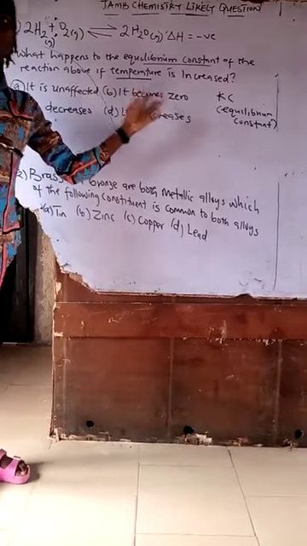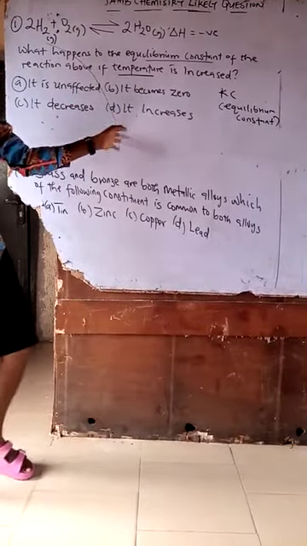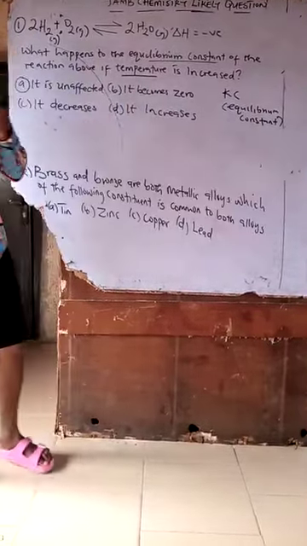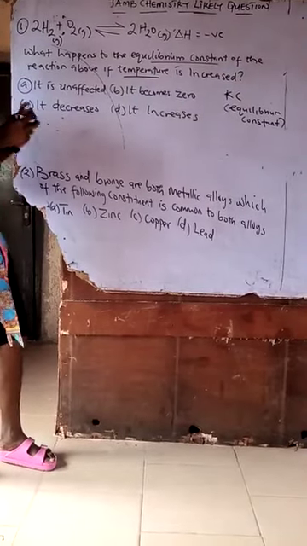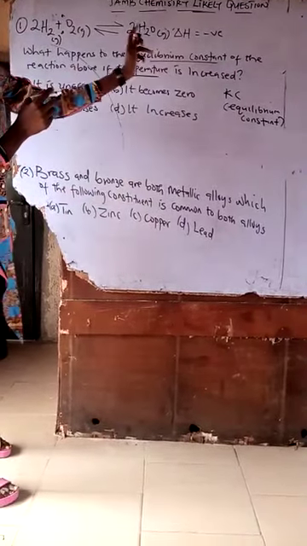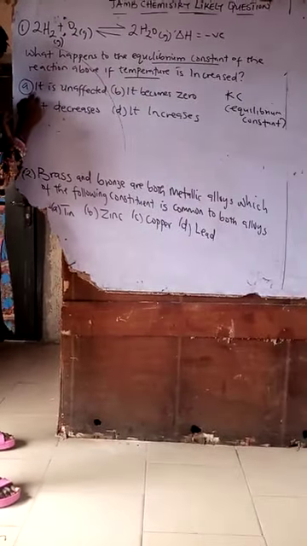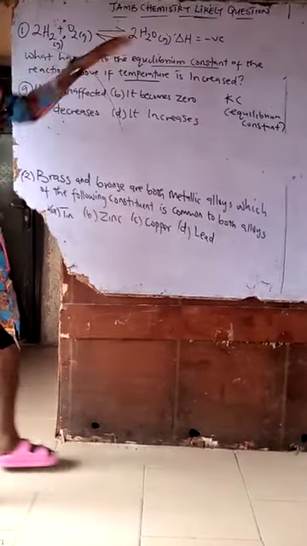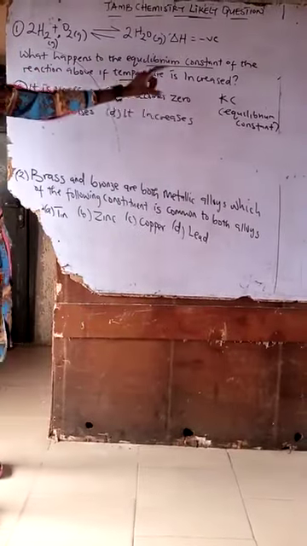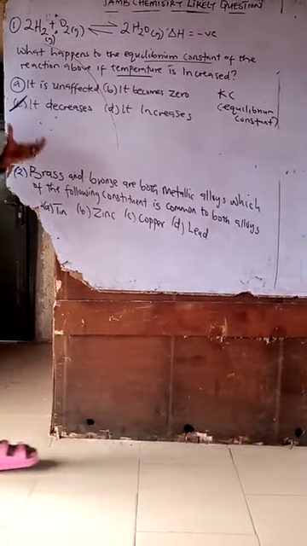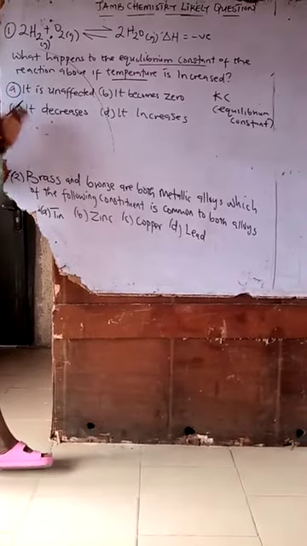B, it becomes 0. C, it decreases. D, it increases. From Le Chatelier's principle, the system will decrease. Already there's heat given up, so when more temperature is added, it decreases more. So that's the answer for this question.